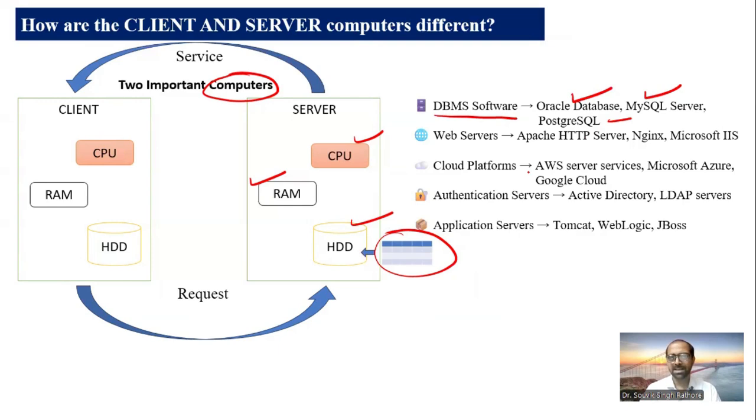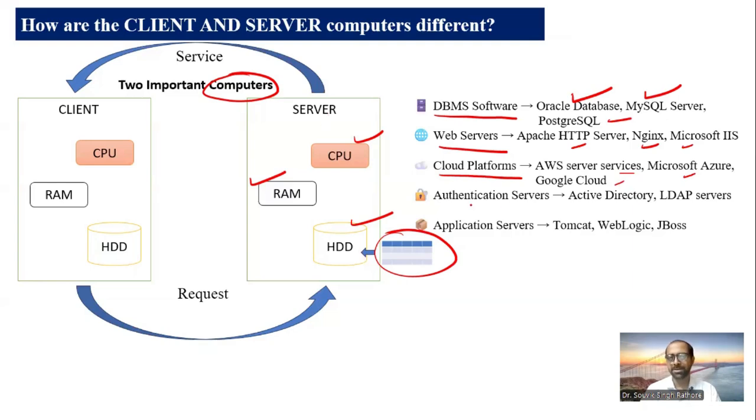Besides this, a server may be a web server, for example, Apache HTTP Server, Nginx, or Microsoft IIS. A server may be on certain cloud platforms like AWS, Microsoft Azure, Google Cloud.